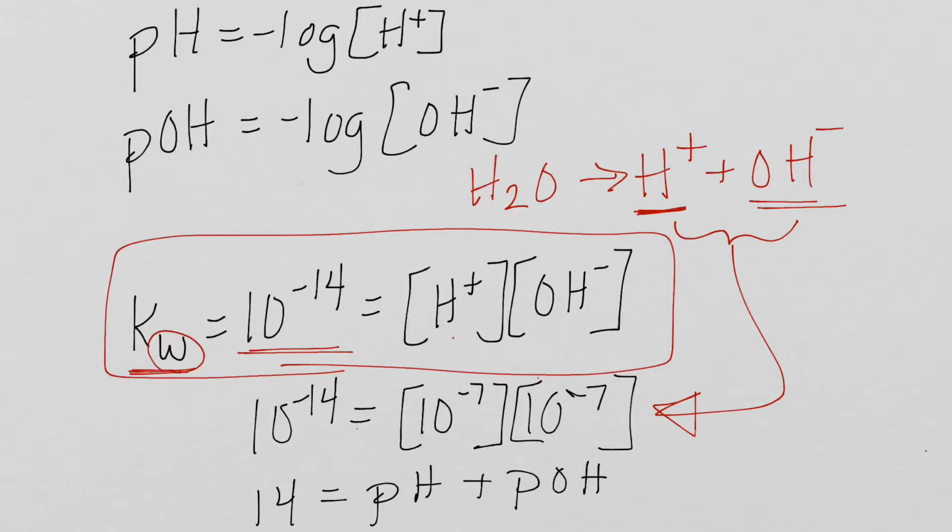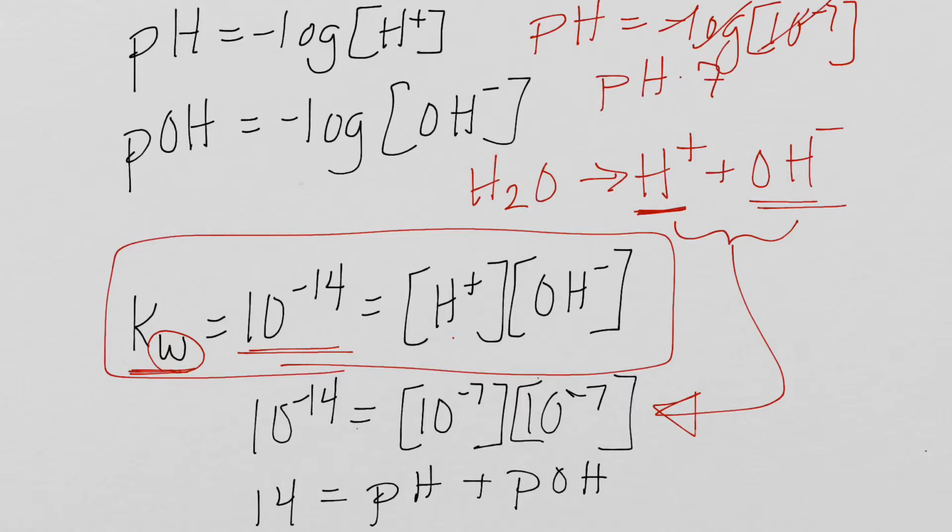Okay, so this gets a little confusing because you're like, well, how did you get that? Well, I showed you earlier because of this equation up here. If I use that equation and I solve for the pH of the negative log of 10 to the negative 7, as I showed you earlier, the log cancels with the 10 and the negative cancels with the other negative. So I have a pH of 7.